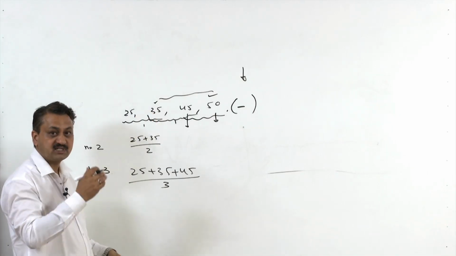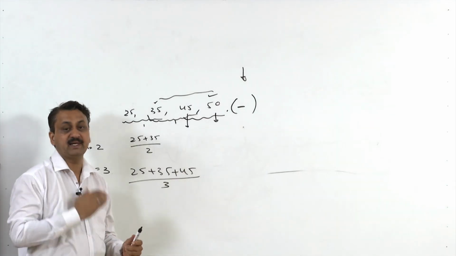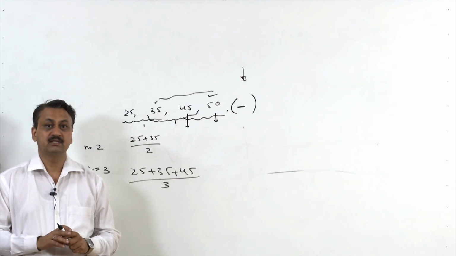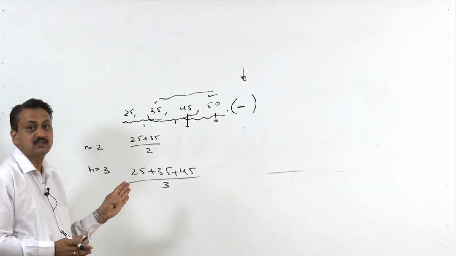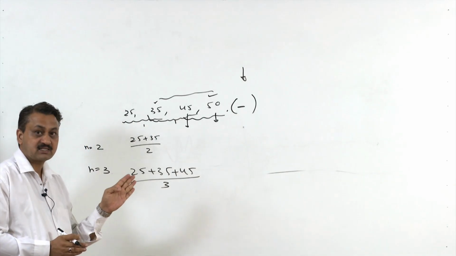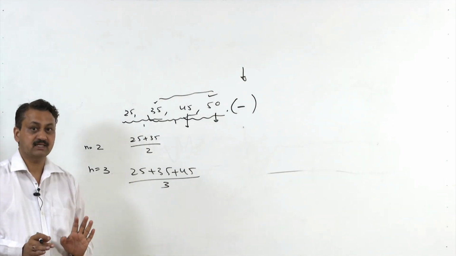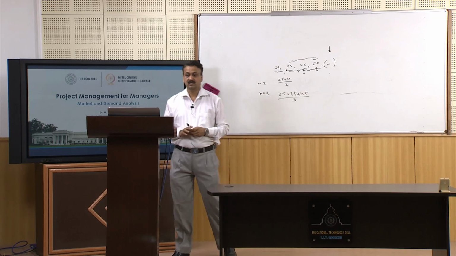And how much less would it be? It would decrease in an exponential manner. So, that is why we call it the exponential smoothing method. The weightage given to the older data points decreases in an exponential manner, right.